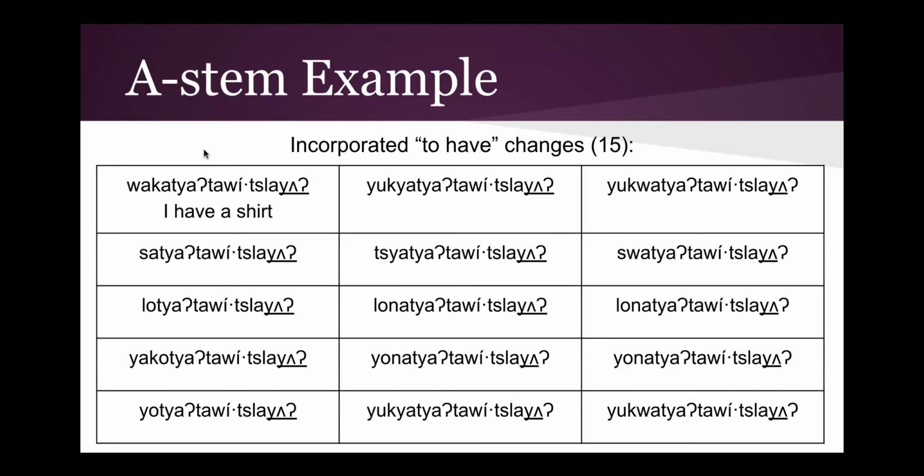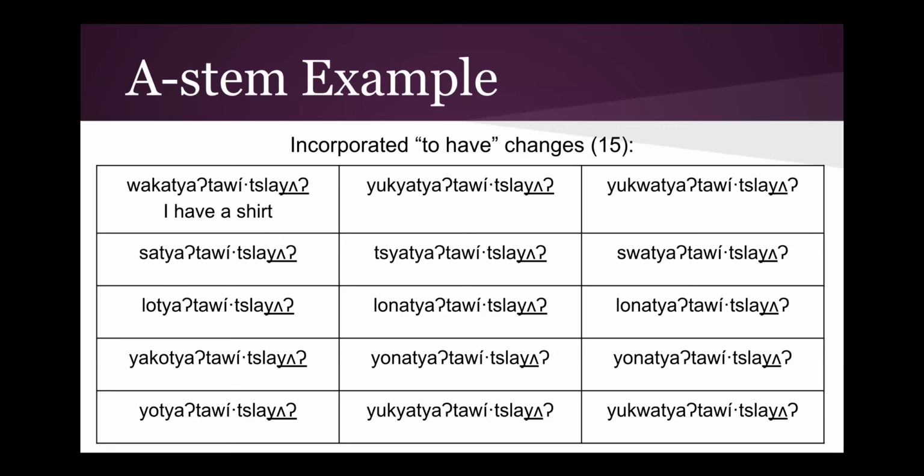So this column sounds like wagadyat da wheat slay. Zadyat da wheat slay. Lodyat da wheat slay. Yagodyat da wheat slay. Yodyat da wheat slay. Then this column, our dual column, sounds like Jungyat da wheat slay.